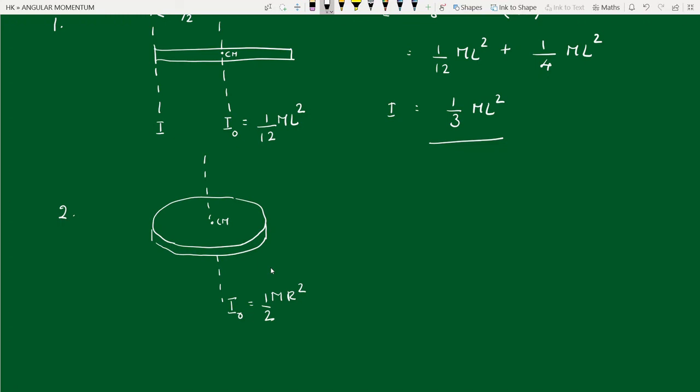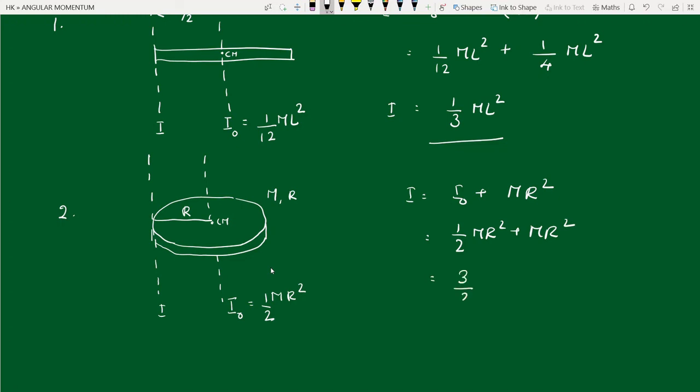If we know this, we can calculate the moment of inertia about a parallel axis passing through the edge of the disc. What is the perpendicular distance between the two axes? It's nothing but the radius of the disc. The total mass of the disc is m, the radius is r. So what is the moment of inertia? I0 plus m a square, where a is nothing but r here, so mr square. What is I0? Half mr square plus mr square. So this is nothing but 3 by 2 mr square.